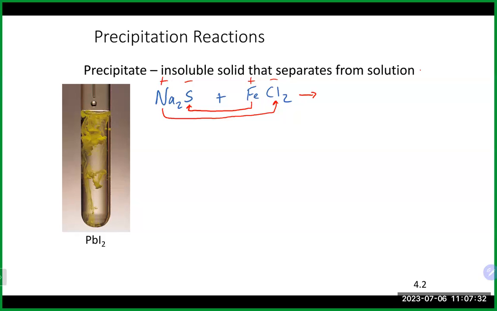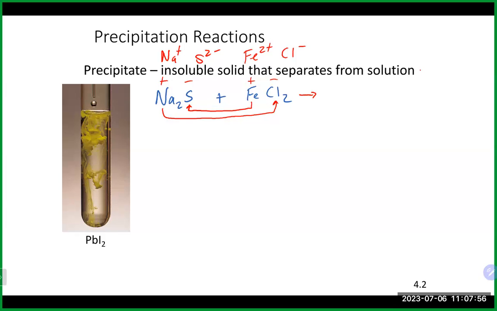When you do the formulas, as we talked about, you want to make sure that you get the correct formulas and then balance, not try to do them both together. That means in this case, we are taking the basic units, which is sodium and sulfide, and iron in this case is +2, and chloride. These are the basic ions that are going to be reshuffled correctly on the other side.